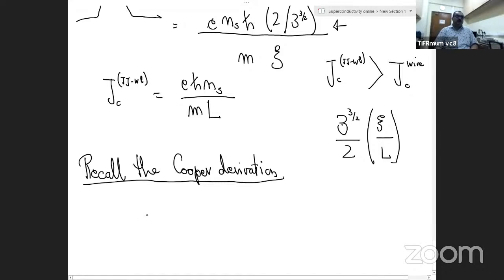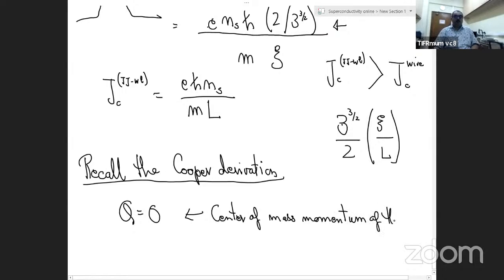Now you remember we had done something there, which is that we had assumed capital Q, the center of mass momentum, to be 0.